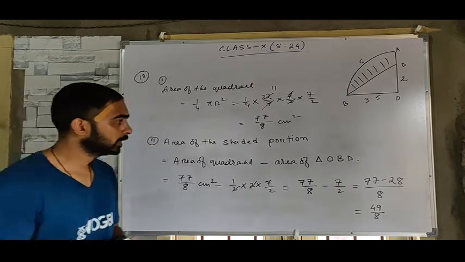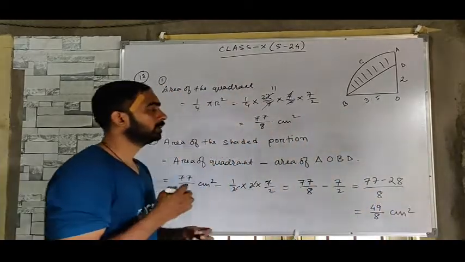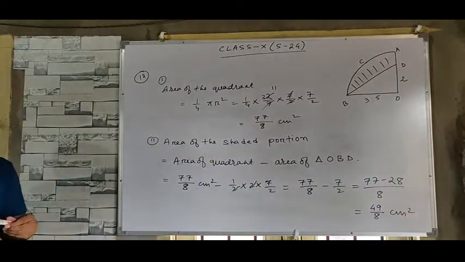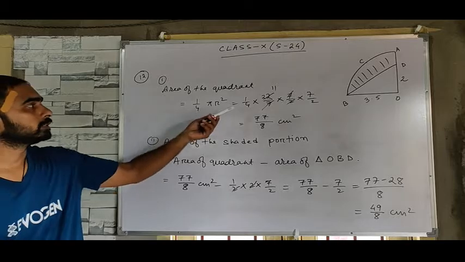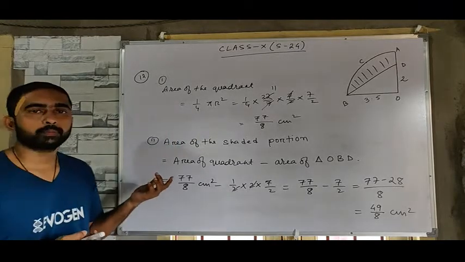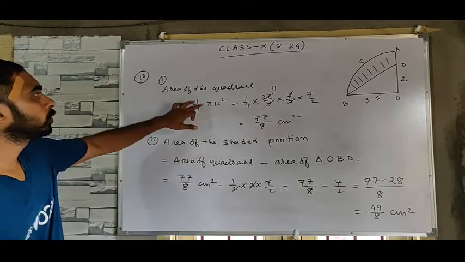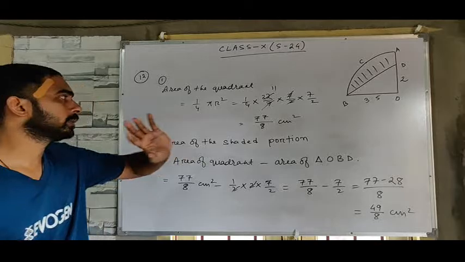Yes, so this is the area of the shaded portion, 49/8. First find the area of the quadrant. Radius given 3.5, so we make it 7/2 because 7/2 equal 3.5. So 1/4 pi r square gives 77/8.